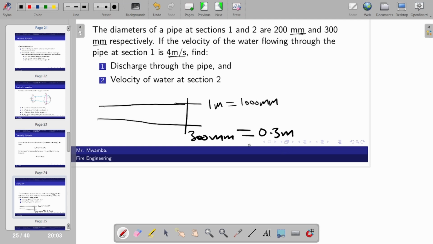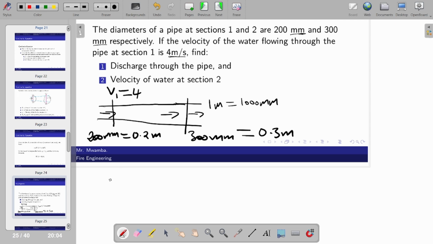This is a very big pipe, and then on the other side here at section 1 we have 200 millimeters, which is equivalent to 0.2 meters. The water is flowing like this, and then they are saying that the velocity v1 at section 1 is 4.